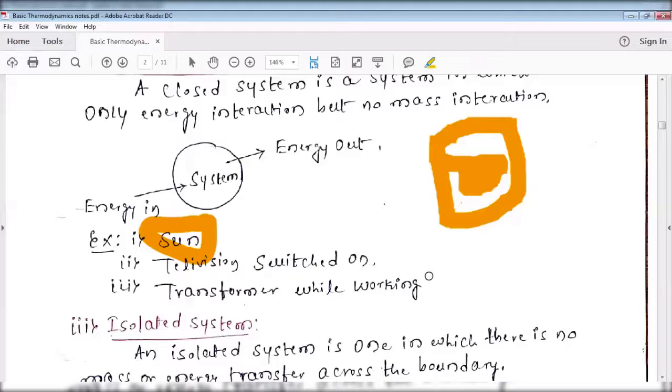We are getting electrical energy in the individual house from the transformer. That is, there is an energy interaction from the transformer to the house, but there is no mass interaction. The transformer is not moving from that place to your house. Such systems are called closed systems.